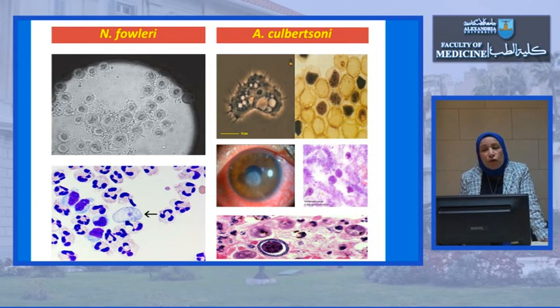This is the trophic form of Acanthamoeba with spiky structures projecting from the cytoplasm, including many vacuoles and a large chromatin inside a single nucleus. This is the eye affection in the form of affection of the cornea. This is the brain tissue showing trophozoites of Acanthamoeba, and this is a cyst of Acanthamoeba in brain tissue.